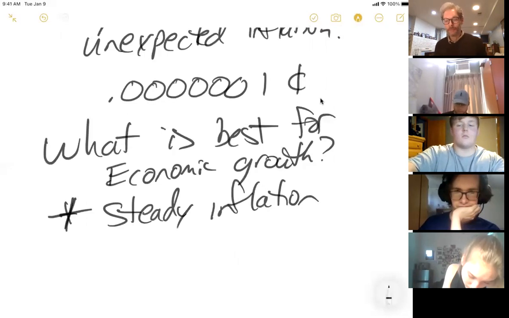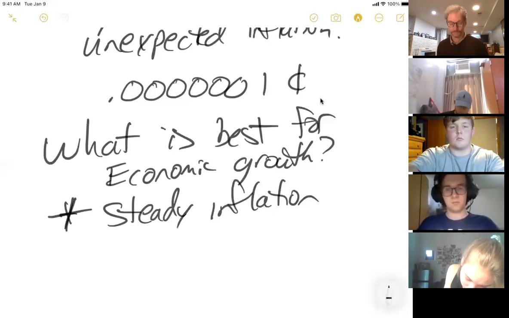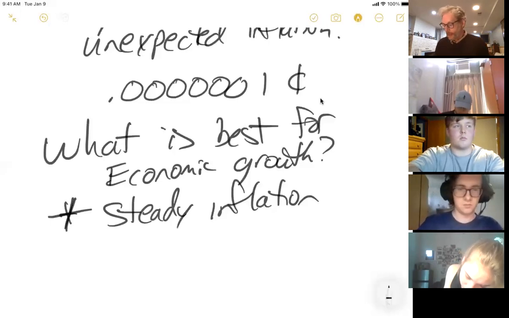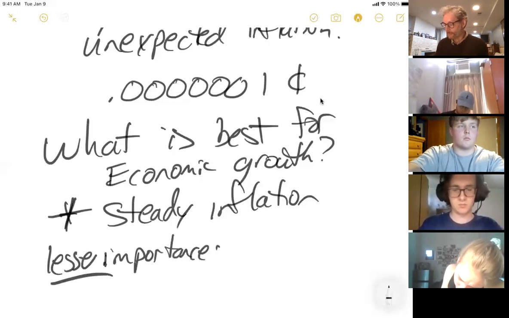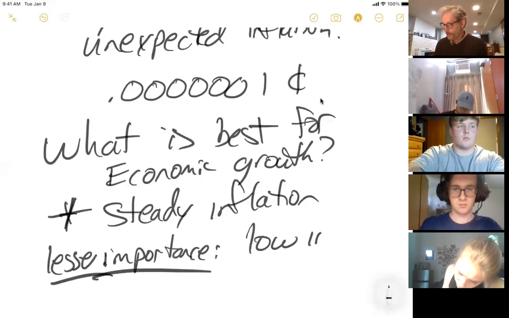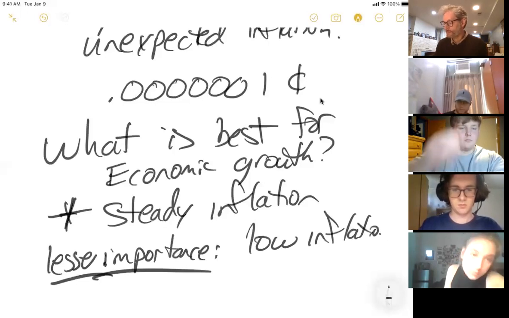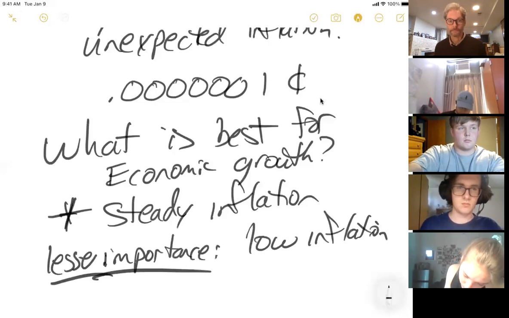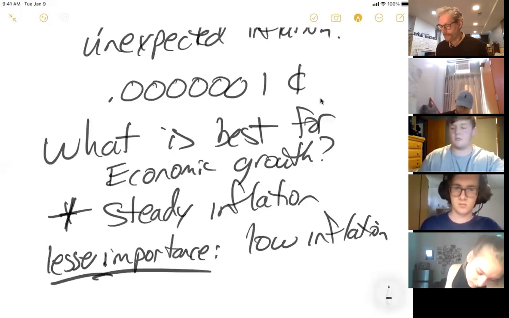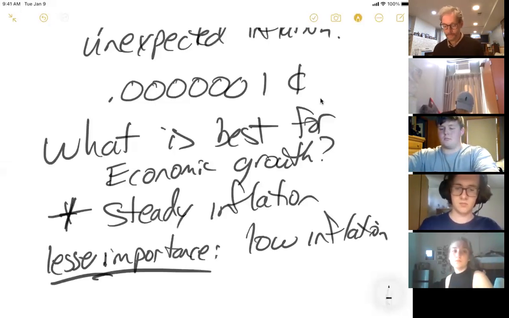The level probably doesn't matter nearly as much as the fact that it's steady. Of lesser importance is having low inflation. Probably having low inflation is better than having high inflation, but having steady inflation is the most important thing, right?